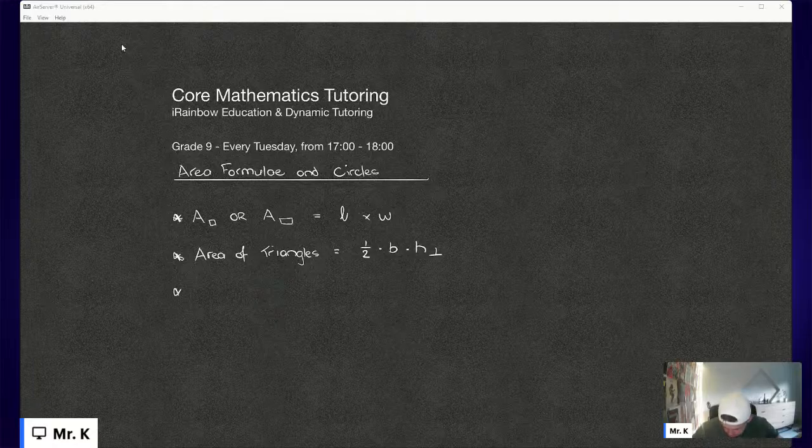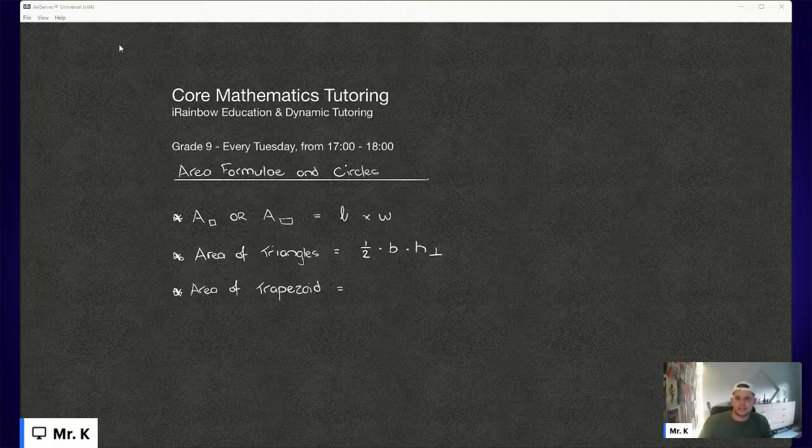Okay. Number three, you guys need to be familiar with the formula that we use for the area of a trapezium or a trapezoid. Now, this isn't one that's always given by teachers.